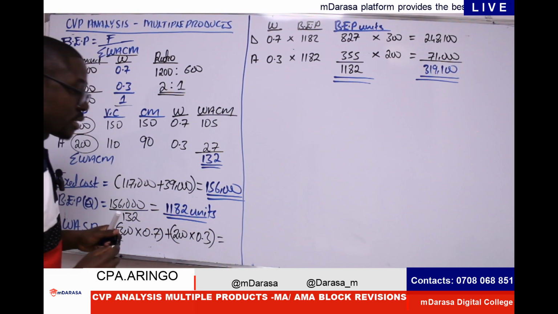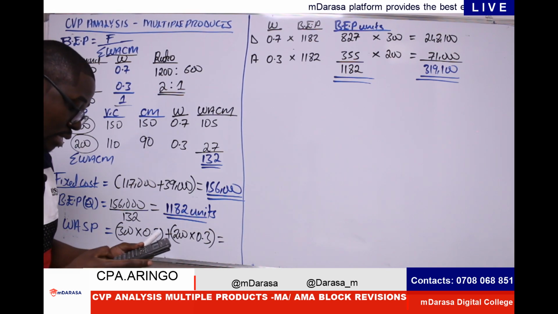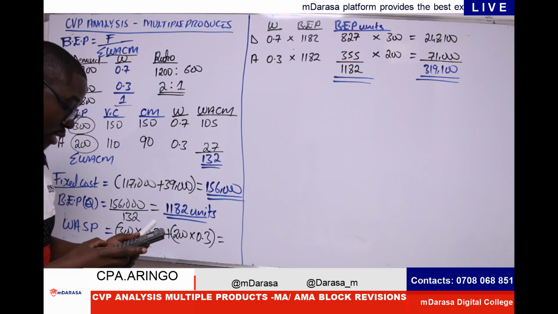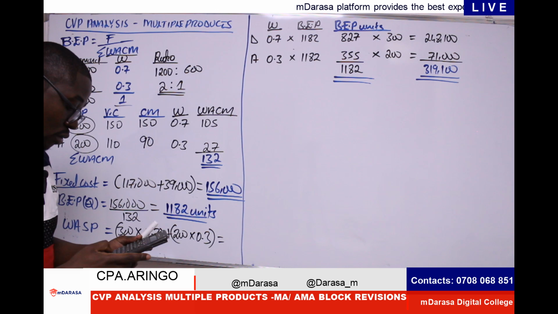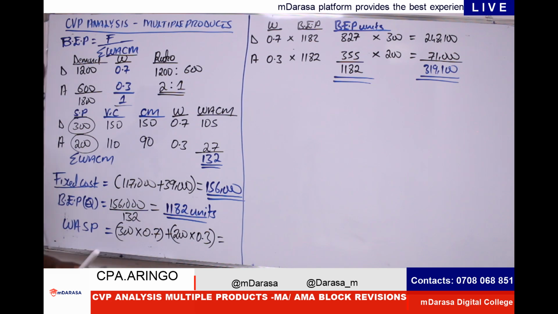So this will give us our weighted average selling price of how much? 300 by 0.7, and you add 200 by 0.3, which should give us a value of 270.